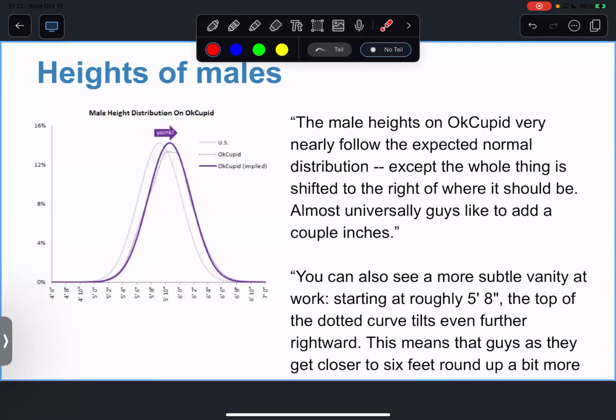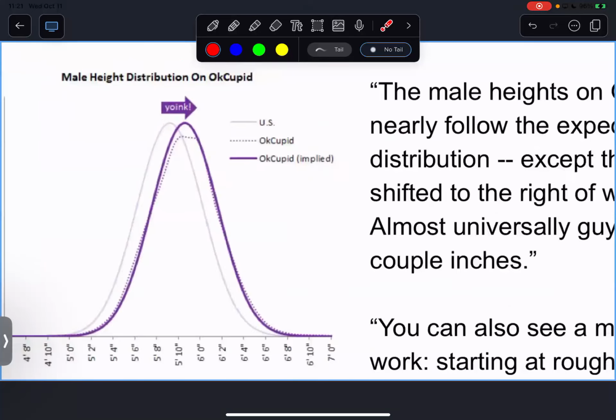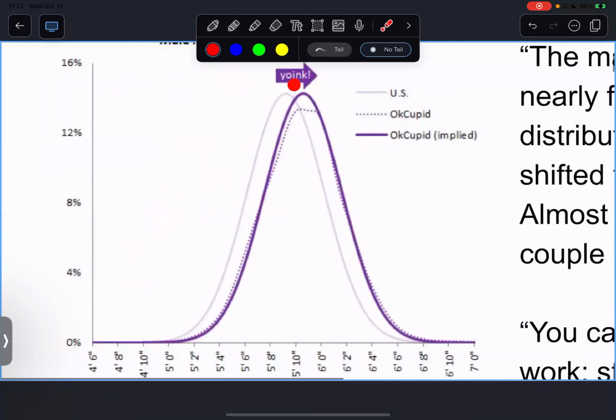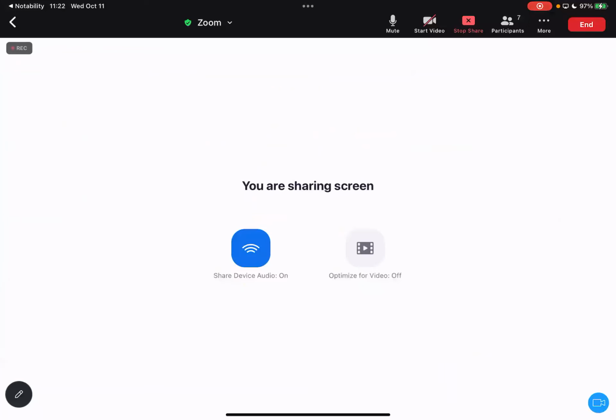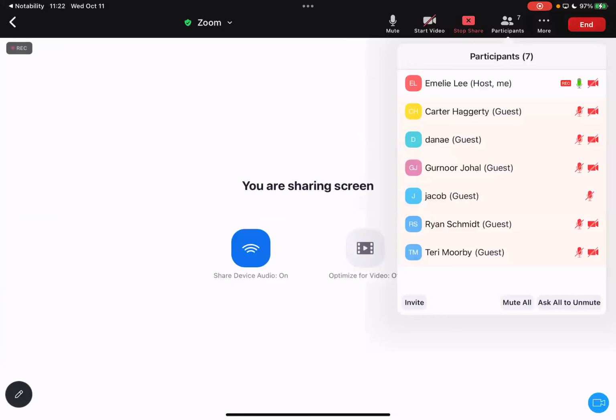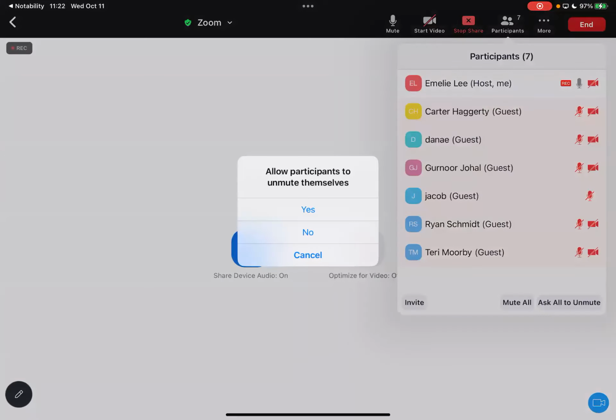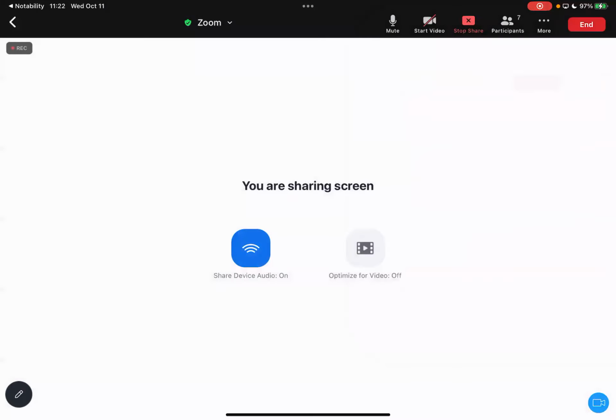But anyways, so there's a distribution, there's a shift in the distribution. So here, what we're looking at, and I think it's extra funny that they used yoink. Hello? I'll just go in and mute everyone. Let's see here. How do I? Sure. Okay.